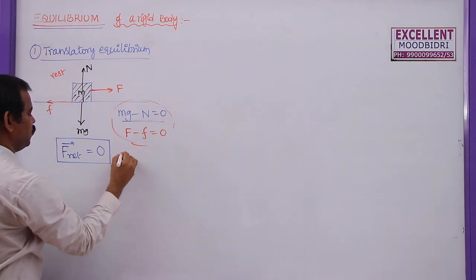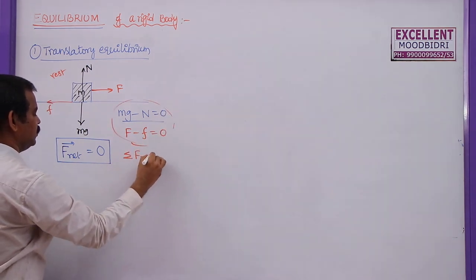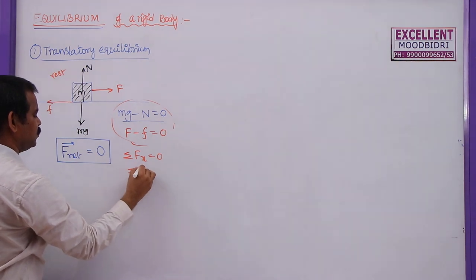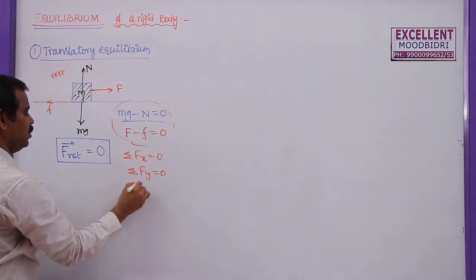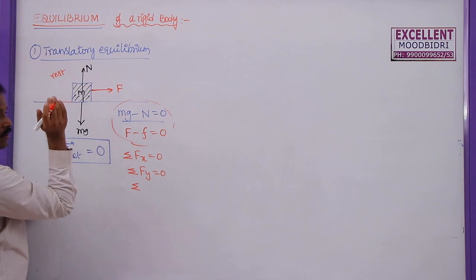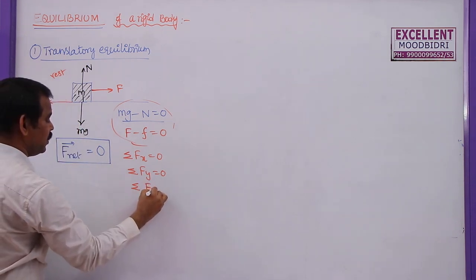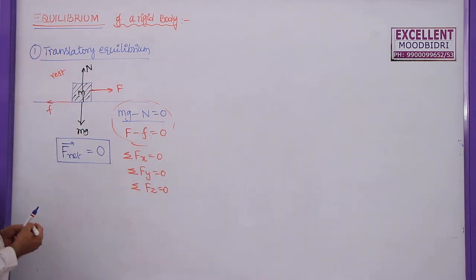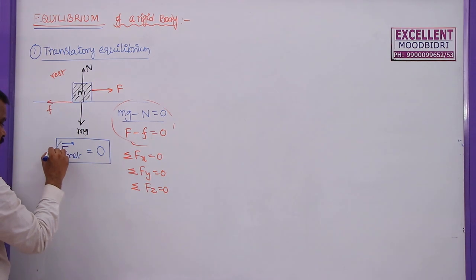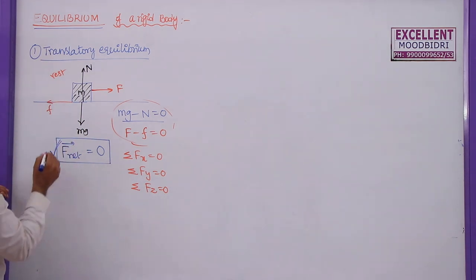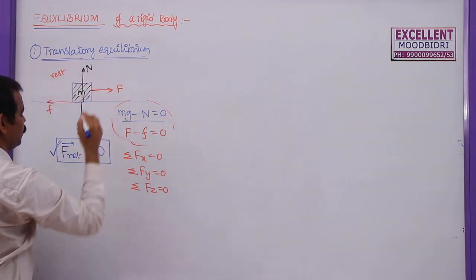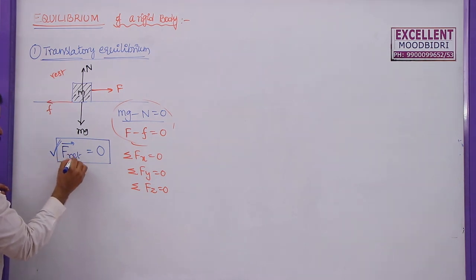So, the sum of the forces along the x-axis is 0, the sum of the forces along the y-axis is 0, and the sum of the forces along the z-axis is also equal to 0. So, whenever the net force experienced by a body is 0, the body is said to be in translatory equilibrium. What is meant by net force here?